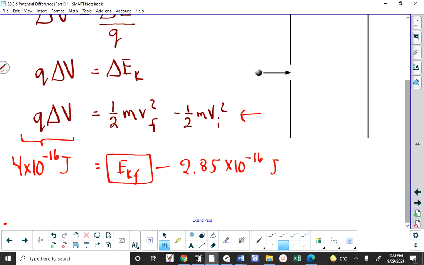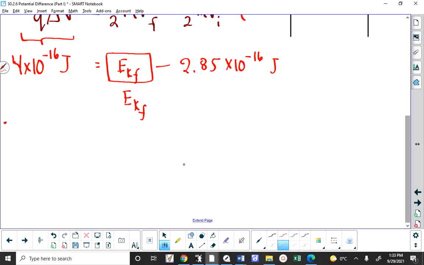Well, look at the math of this. EKF will in fact be the sum of these two numbers because this is minus, so you have to add it. It makes sense. It's not just some abstract formula with letters and numbers in it. So when I add that number to both sides, I get, and I'm pretty sure my math is right here, but I want you to confirm that that's what you get.